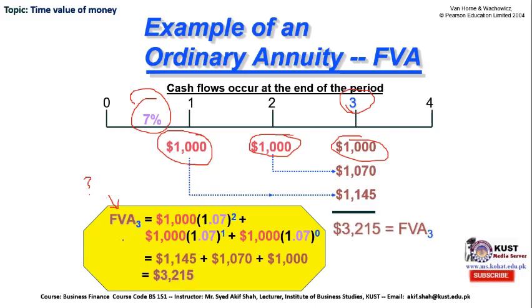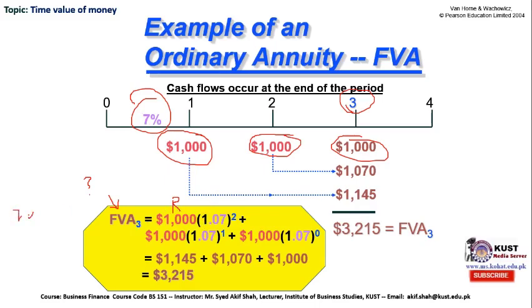So in this octagonal yellow highlighted shape, you can see that we know very well the formula, which is the future value of annuity. At the end, n was 3 in this case. R is $1000, which you have put in the formula, and then 1 plus I over here, I is 7%.